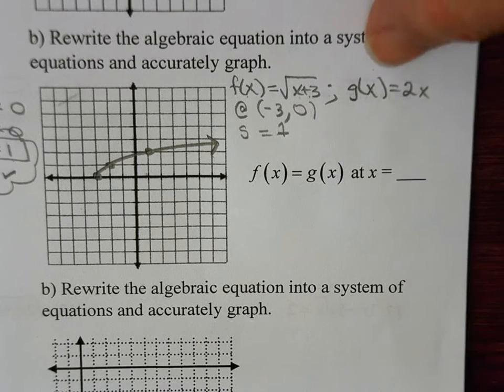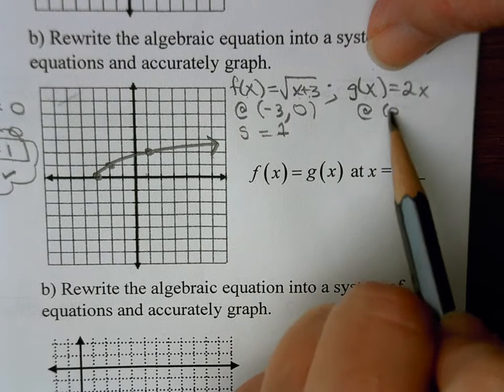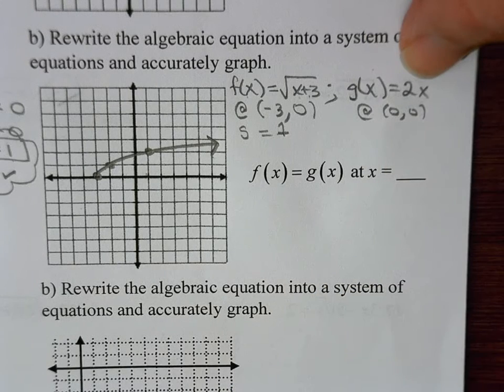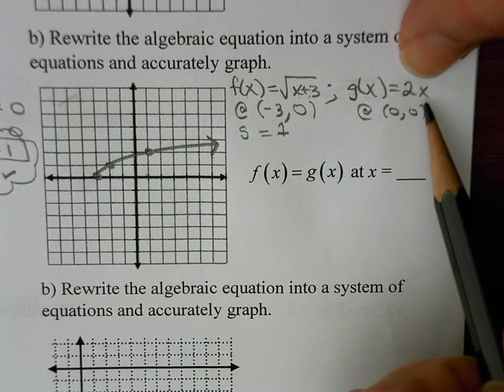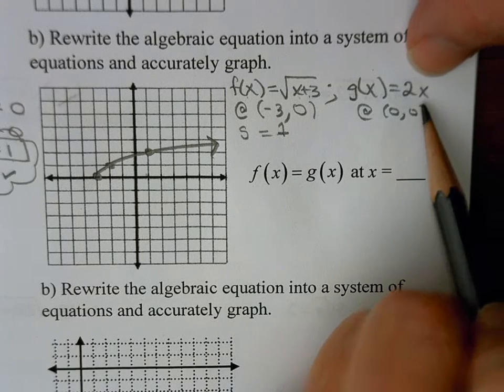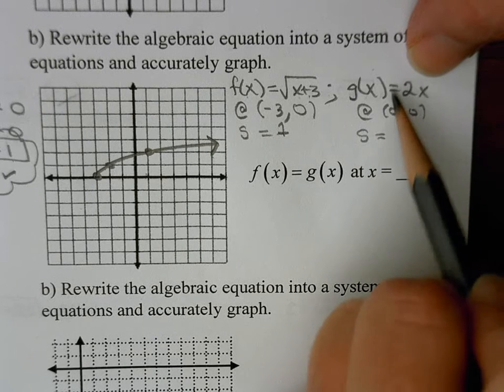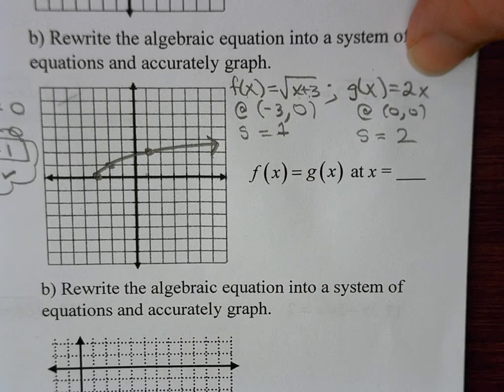And then I'm going to do the same thing for g of x. So my start is going to be 0, 0, because I'm not adding anything to x and I'm not adding anything to 2x, right? There's nothing outside of here, nothing grouped with parentheses, so my start would be 0, 0. And then my stretch or my slope would be what I'm multiplying x by, which is 2.